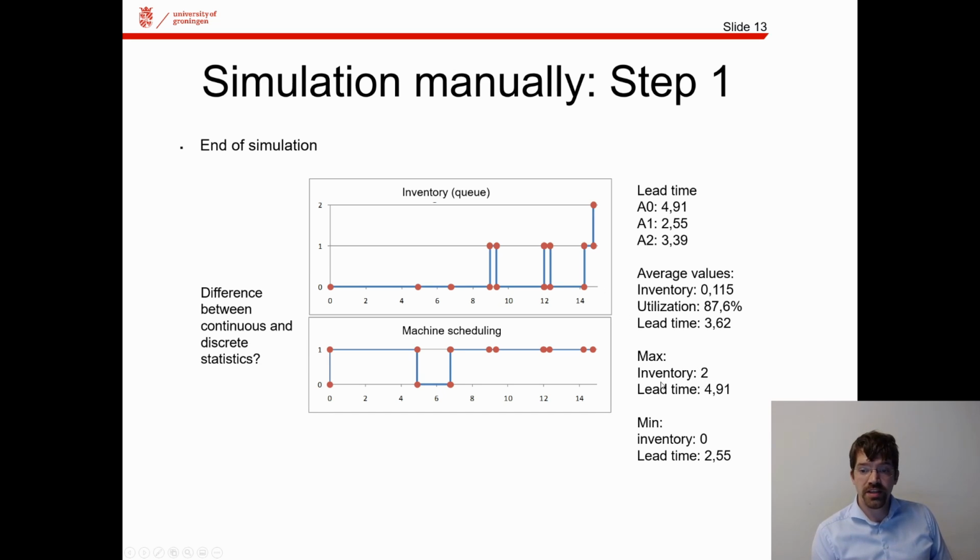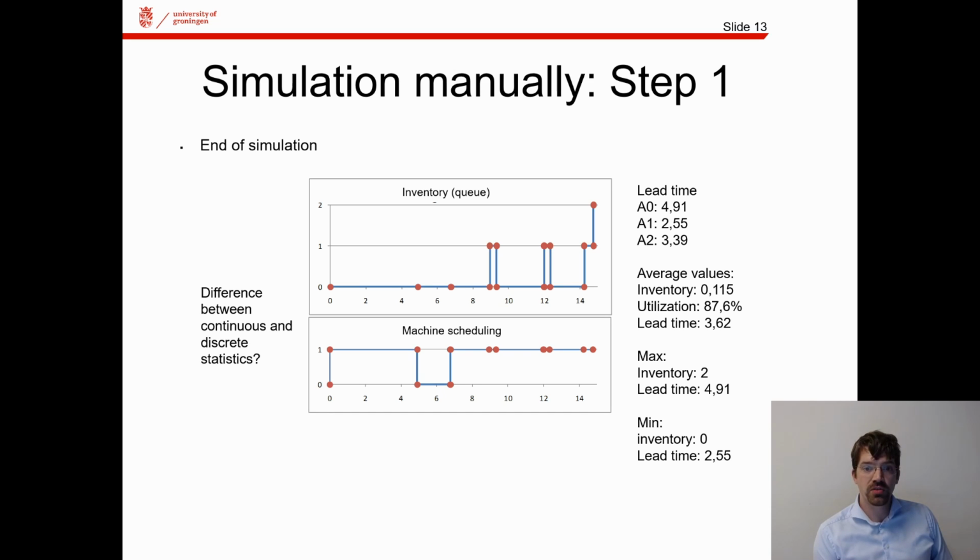A nice thing here is if you do a discrete event simulation, even if it's just manually, that we can identify the minimum and maximum values for our inventory and for our lead time. Assume that we would like to identify how many products should be stored in front of the machine.